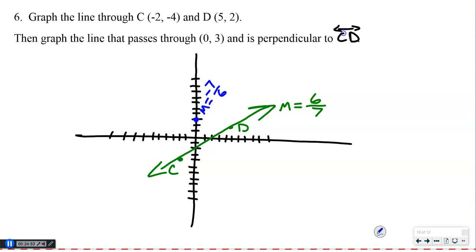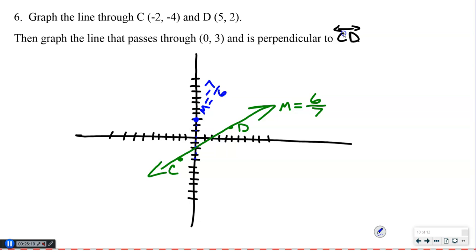So that means if we're drawing this out, we can go up 7 and left 6, and we can go down 7, and right 6. So let's start by going down 7, right 6. 3, 4, 5, 6, 7.